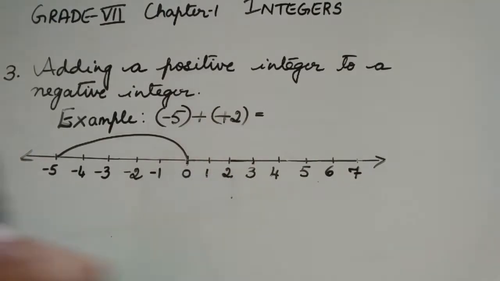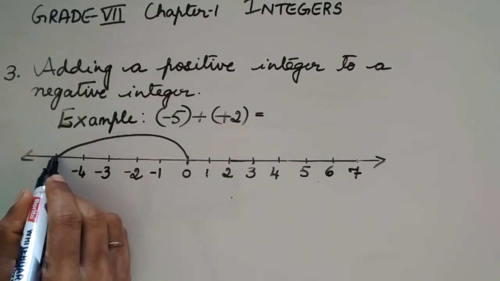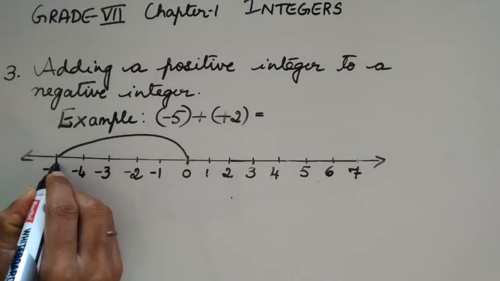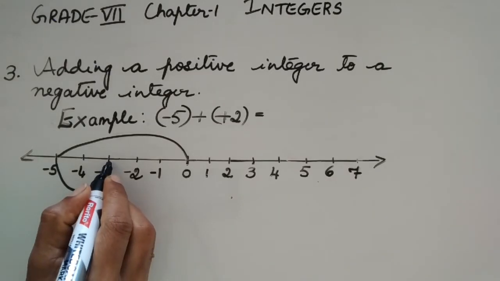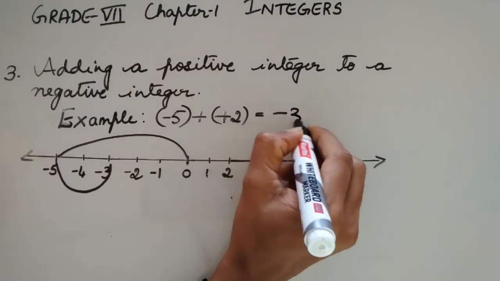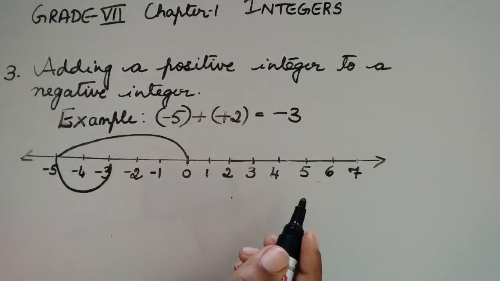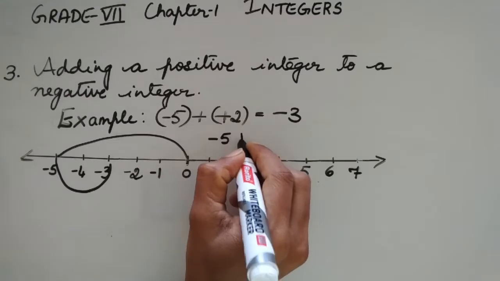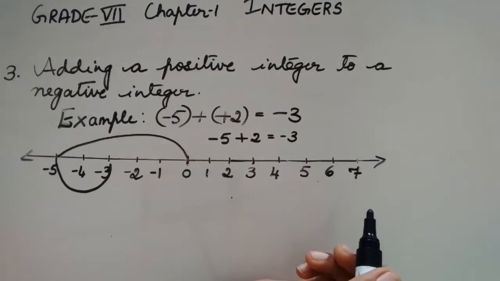So we will move 2 steps to the right. So here I reached. So I got minus 3. So minus 5 plus 2 is equal to minus 3.